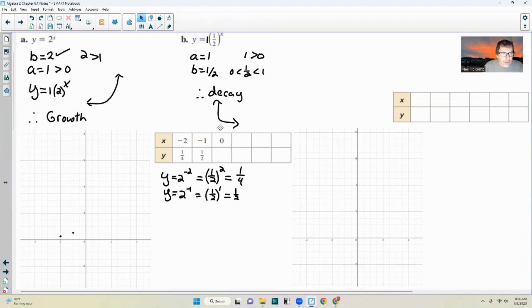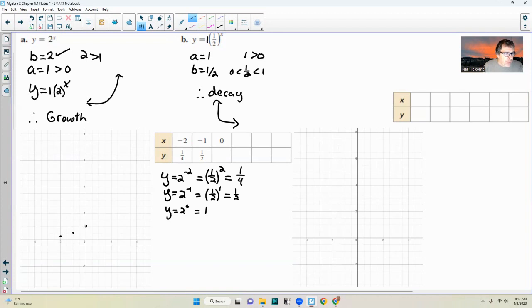This is 0. So this is going to be y equals 2 to the 0, which is simply 1. Anything to the 0 power is 1. Most common mistake when asked in class, what's 2 to the 0? 2? No. Every number you take as a base to the power of 0 is 1. 1,000,000 to the 0 power is 1. And remember the function rule.